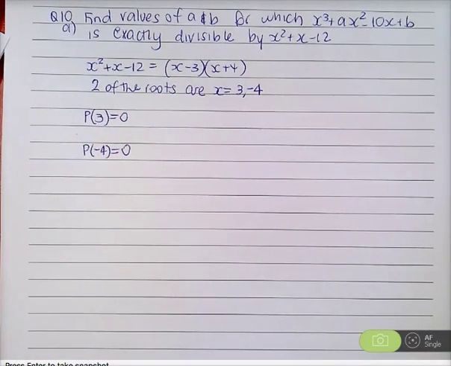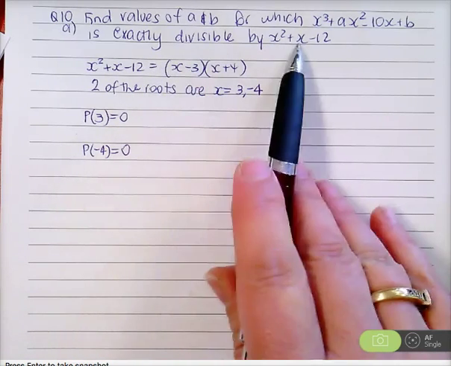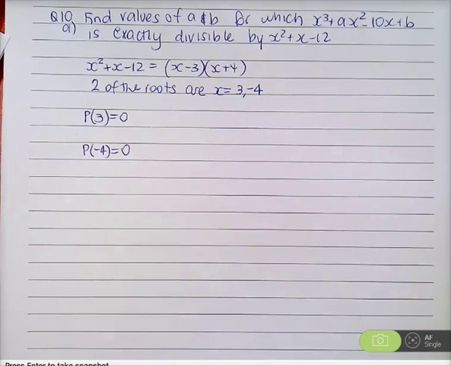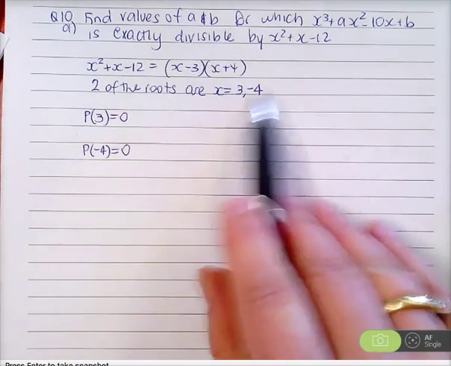And then you can do that and it'll give you two simultaneous equations which you can solve to find a and b. Do you get that? If it's exactly divisible by that, it means that when you divide that in there, you'll get an answer but no remainders. So therefore, you factorise this. They're the roots.